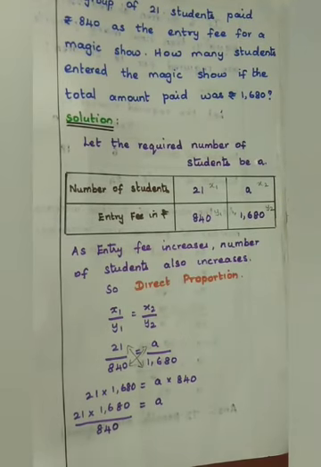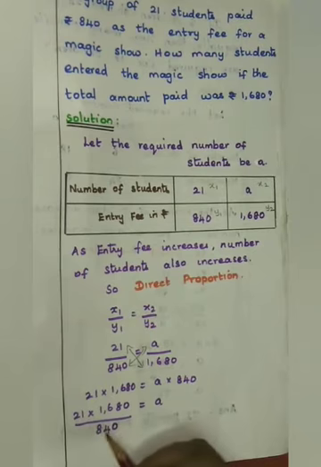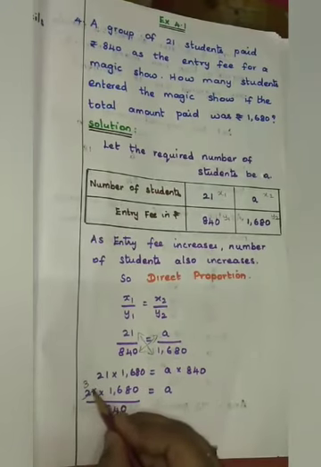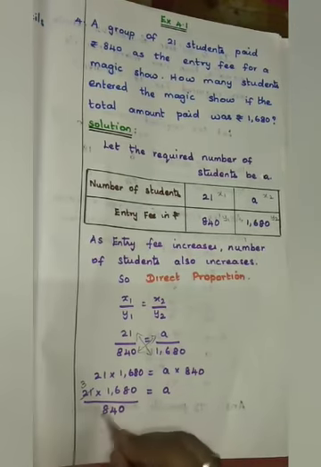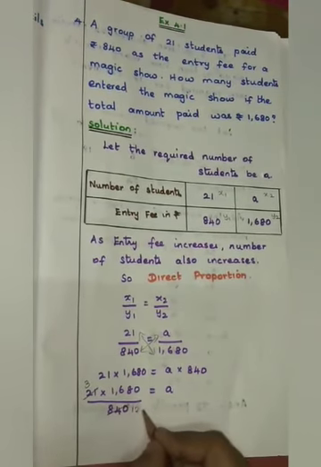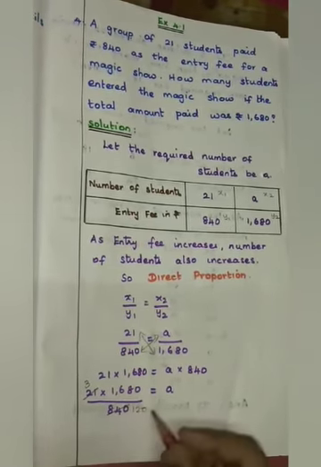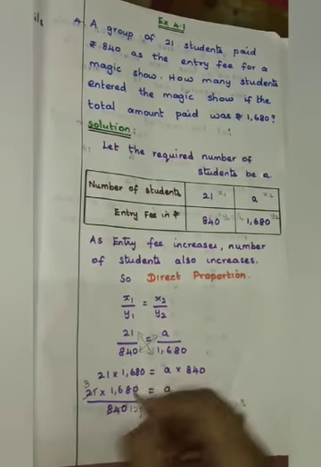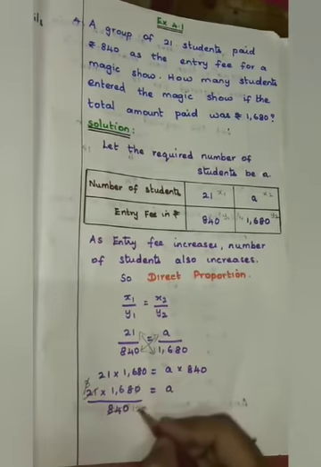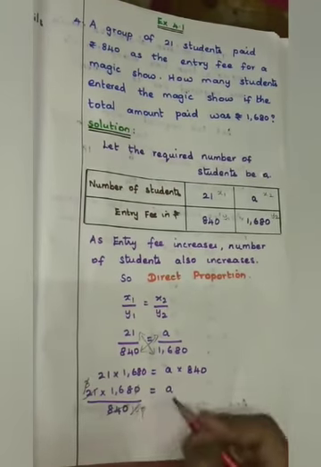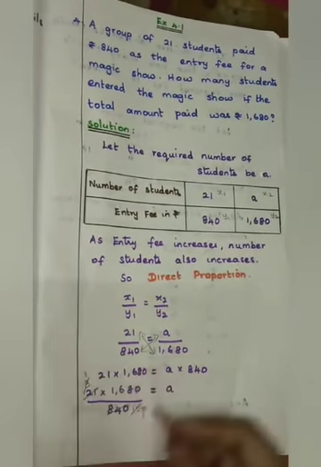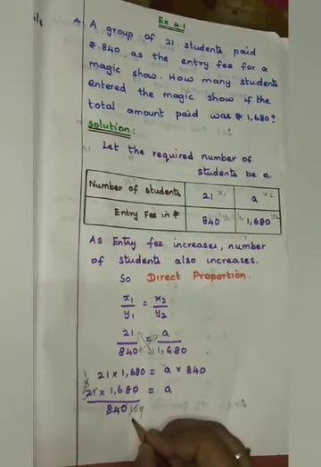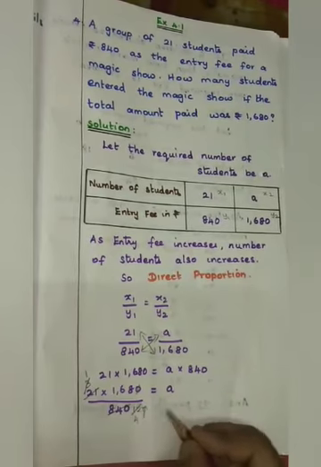Now 21 and 840 go in the 7 table. 7 goes 3 times in 21 and 120 times in 840. 0 gets cancelled. Again using the 3 table you cancel 3 and 12. 3 goes once and 3 goes 4 times in 12.